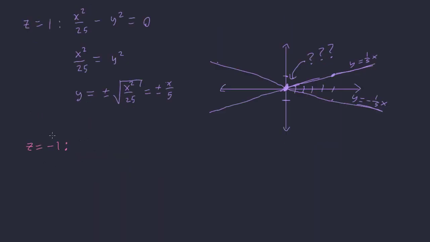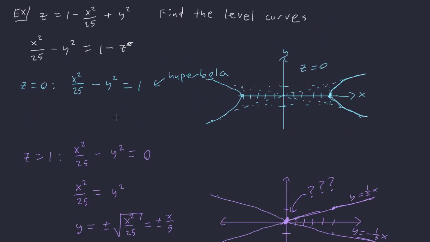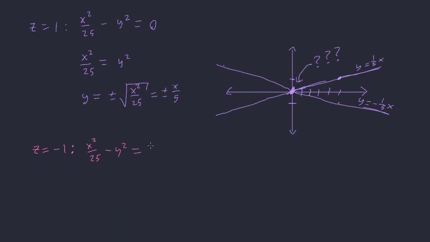All right, now let's take a look at z equals -1. I think I just said x, but let's look at z equals -1. So that would be x squared over 25 minus y squared, and if we go back up to our formula, it would be 1 minus -1, which is 2.